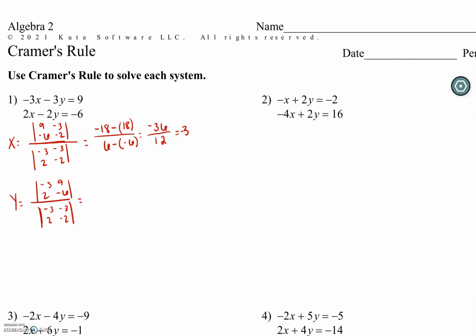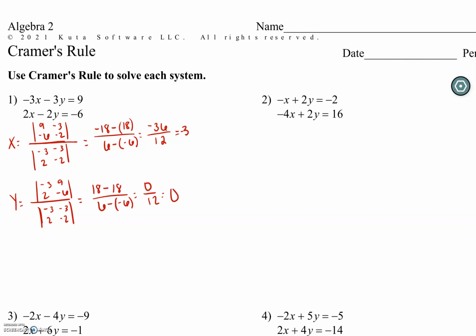Alright, so -3 times -6 would be +18, minus 2 times 9, which would be 18. -3 times -2 would be +6, minus -3 times 2, which would be -6. 18 minus 18 is 0. 6 minus a -6 would be +12, and 0 divided by 12 is 0.